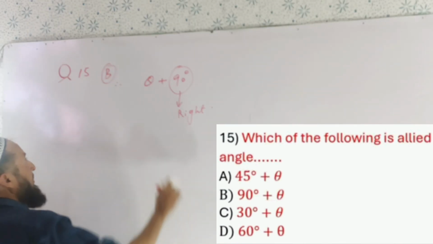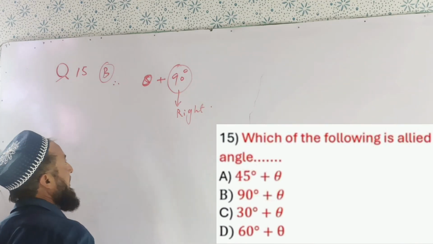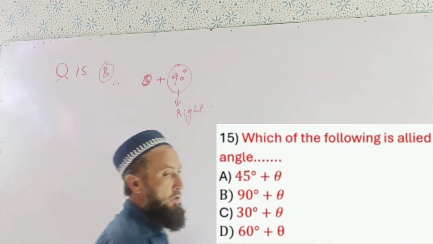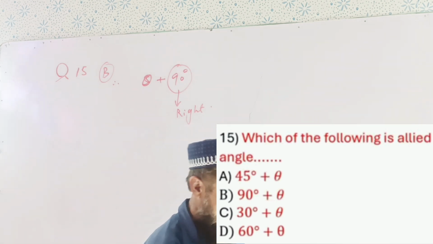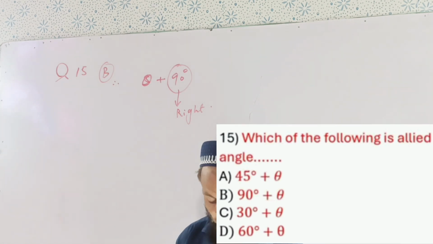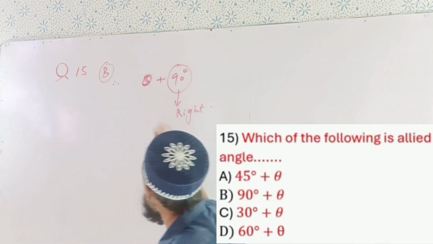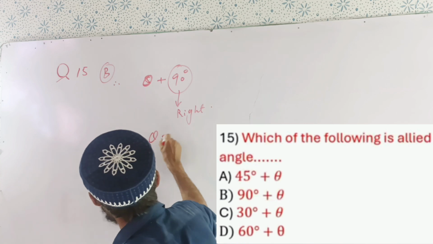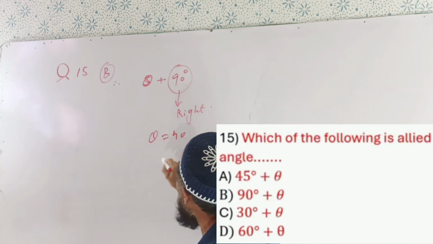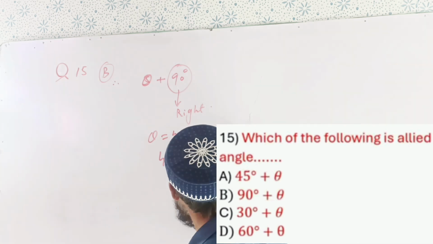Allied angles: any angle we add with the right angles gives the allied angles, according to the definition of allied angles. Any angle added with 90 degrees. For example, if theta is equal to 40, we add 40 plus 90 degrees, so this will be 130.